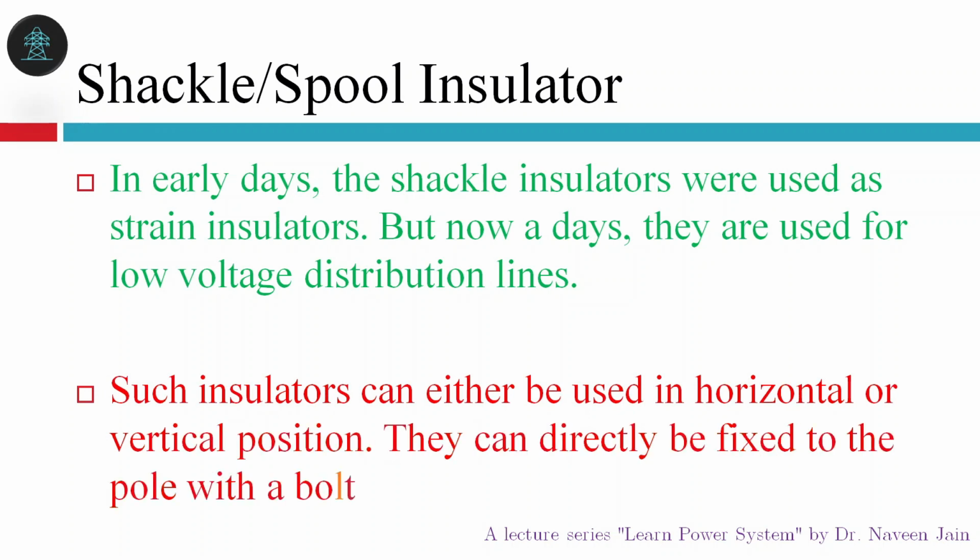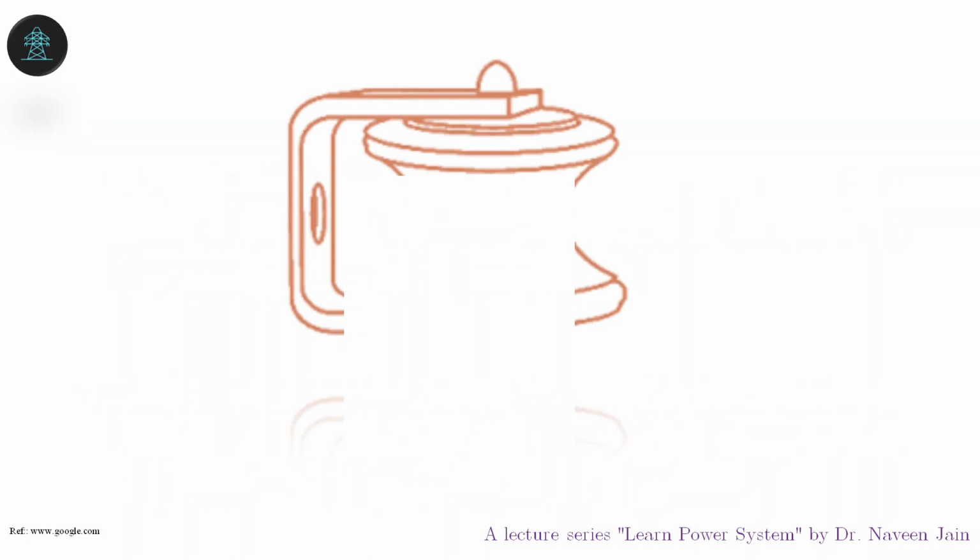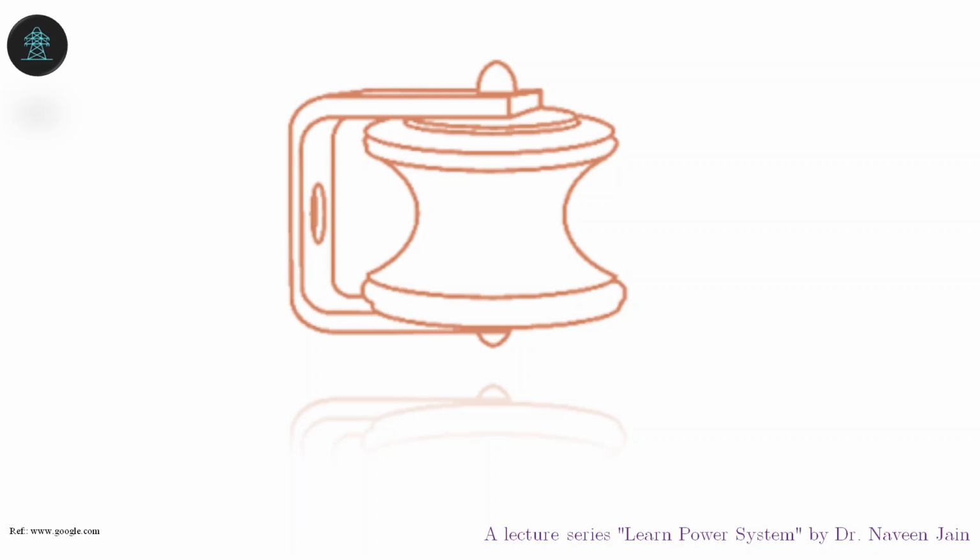Such insulators can be used in either horizontal or vertical position. Further, they can directly be fixed to the pole with a bolt or to the cross arm. The diagram we will see in the next slide. So here you can see the shackle insulator presented for better understanding of this type of insulator.